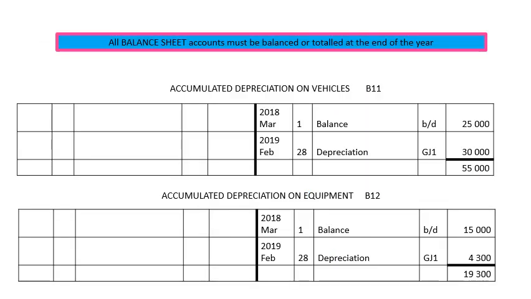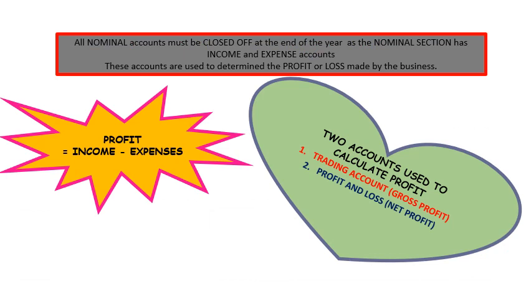You know, at the end of the year, all balance sheet accounts must be totaled, so we will have to total these two accounts. By totaling, you only need to total because there are entries on one side only, so you will have a total. You do not need to balance. Then all nominal accounts must be closed off at the end of the year. Why?